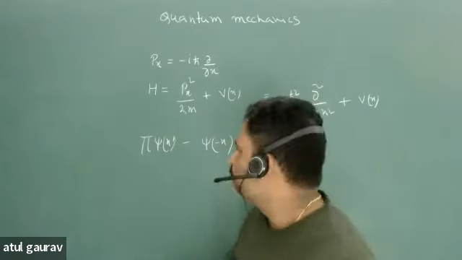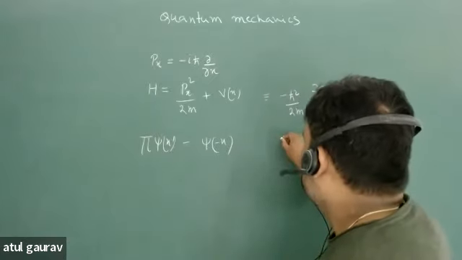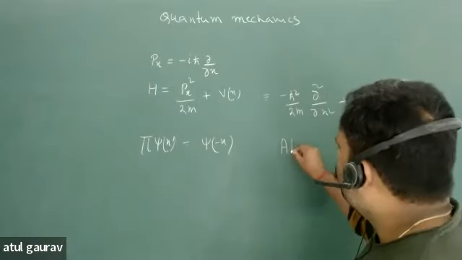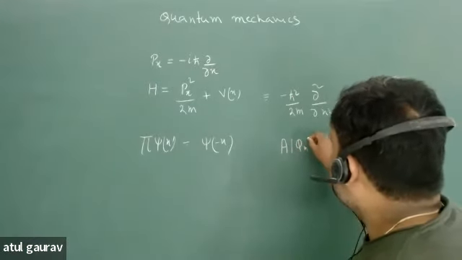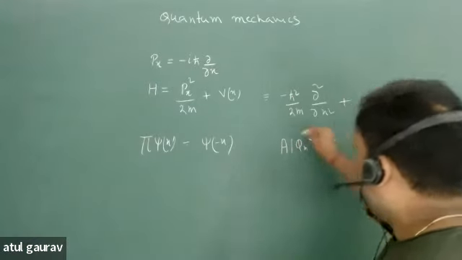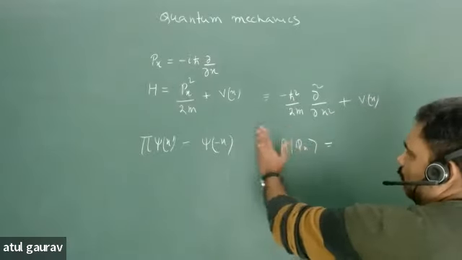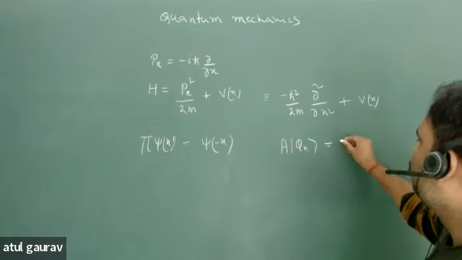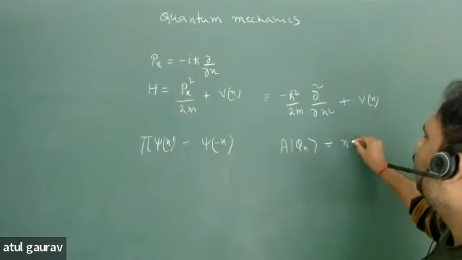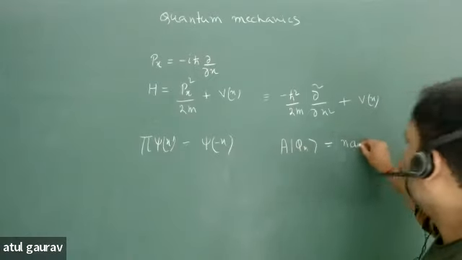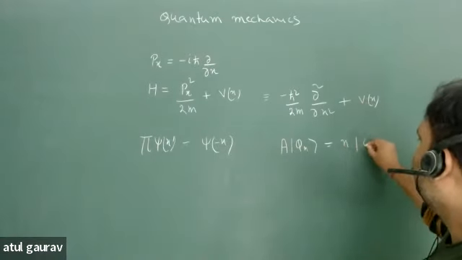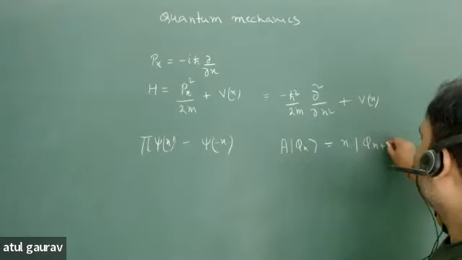For example, let us assume operator A is defined, and when it operates on some vector n, and obviously this operator will operate from the left on the ket, what you will get? Let's say you will get phi n plus 1.